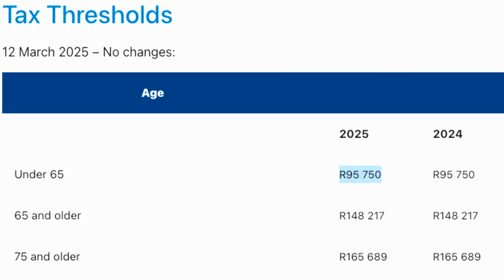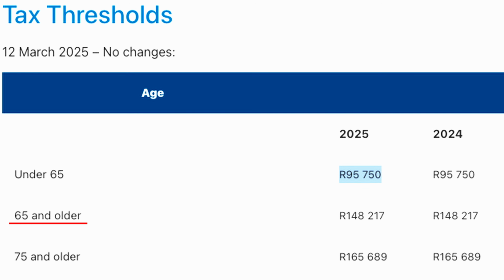Remember when we scrolled down to the bottom of the page with the tax tables? We saw something called a tax threshold. And when we spoke about it, we said those who earn a salary at or below that value do not pay tax. Well, it's more than just those who earn below that threshold. It's really the first 95,750 Rand of everyone's income, which is tax-free.